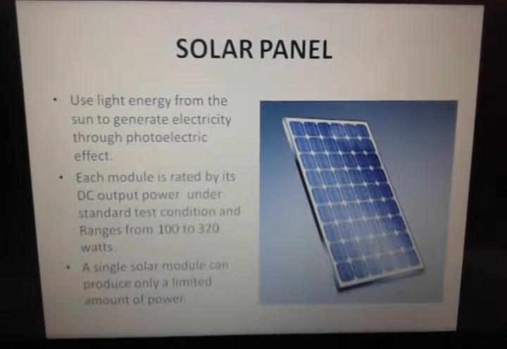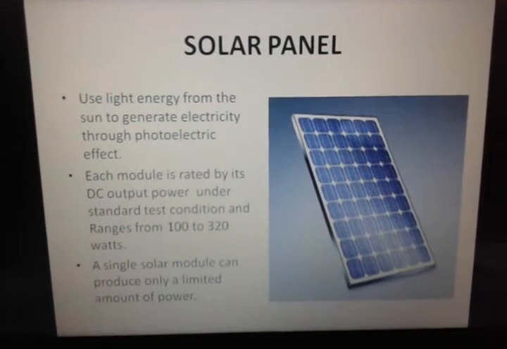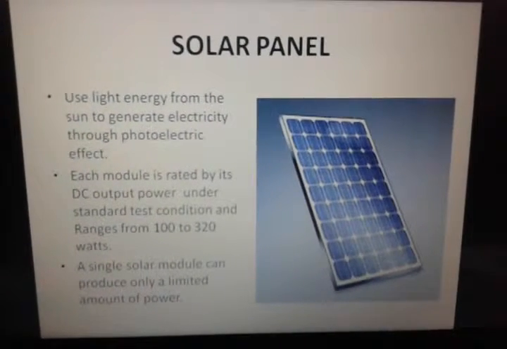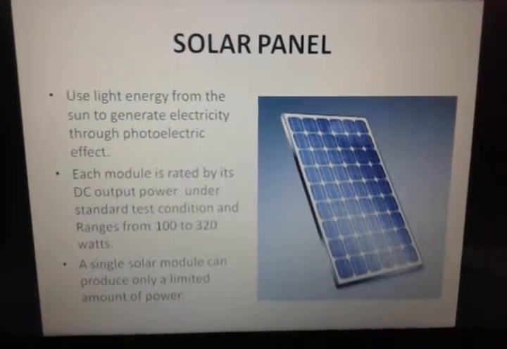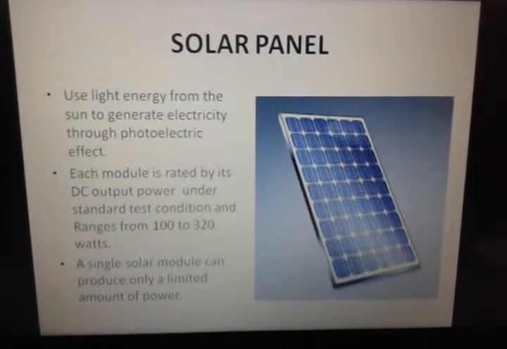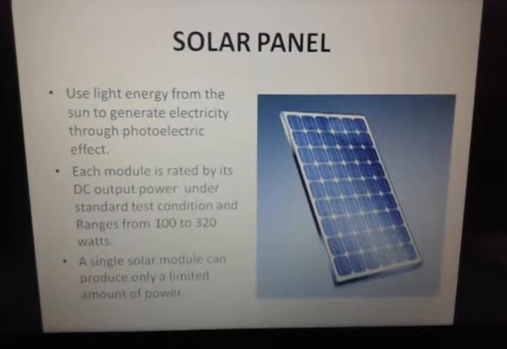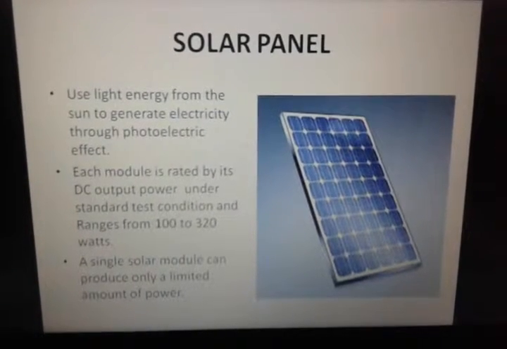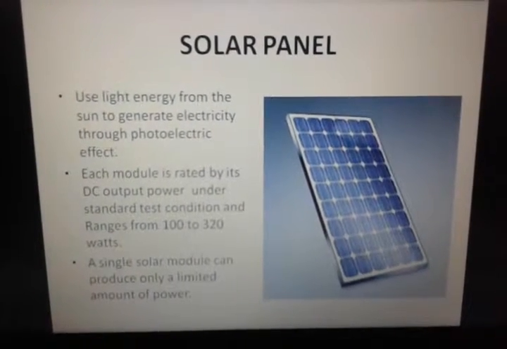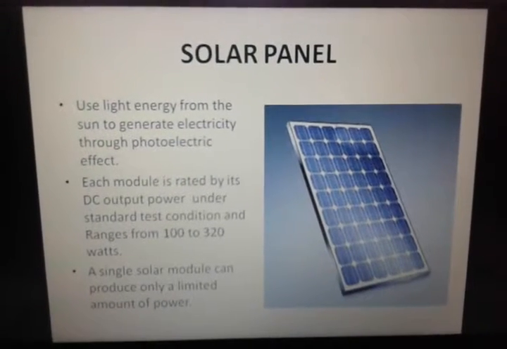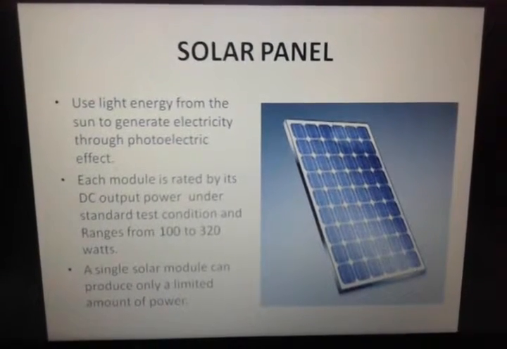Solar panel. It uses light energy from the sun to generate electricity through the photoelectric effect. Actually, the photoelectric effect is the emission of photons or electrons due to incident light. Each module is rated by its DC output power under standard test conditions. It ranges from 100 to 320 watts.